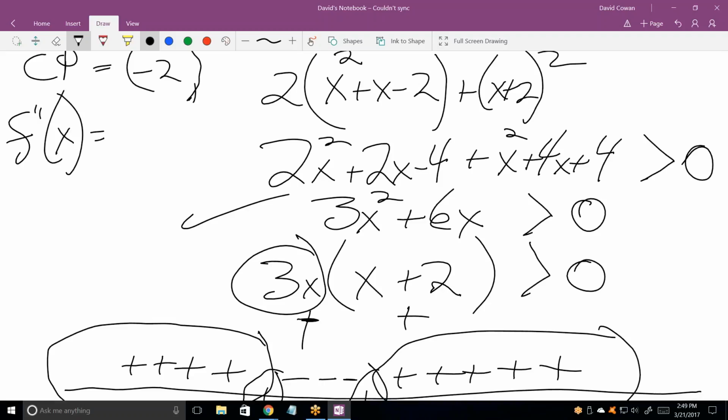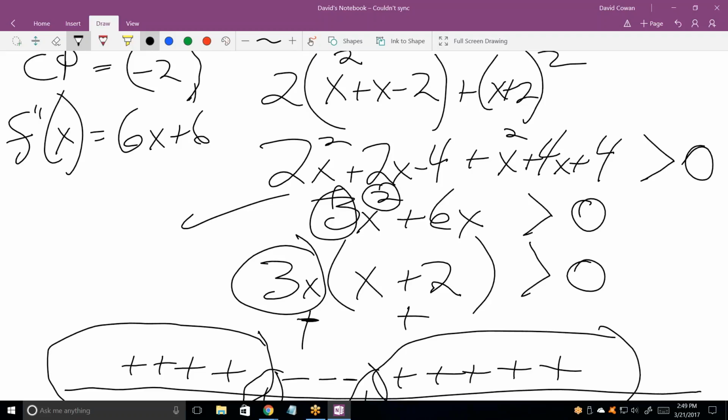Hold on, multiply that times that. Oh, sorry. No, 6x plus 6. Okay. Now, there is a second derivative. And think of the second derivative as merely the first derivative of the first derivative. That's all it is. It's not anything unique.